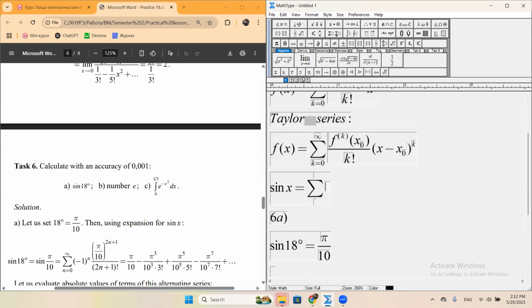The sum for n starting from 0 to infinity of (-1) to the power of n times x to the power of 2n plus 1 over (2n plus 1) factorial.